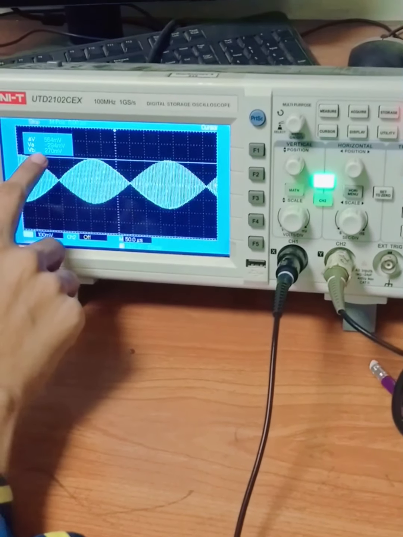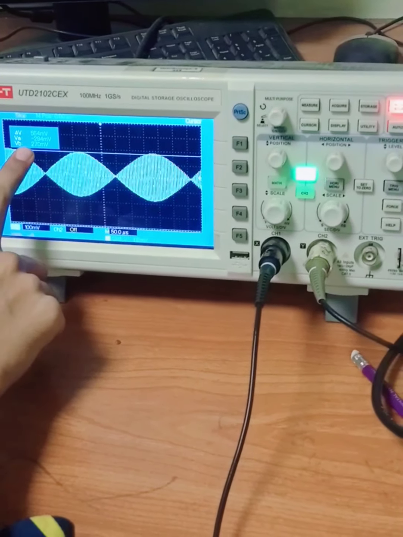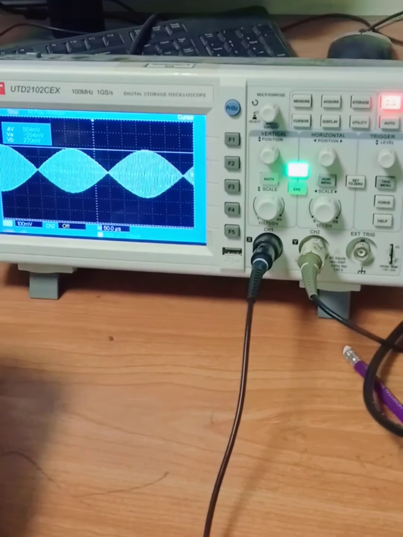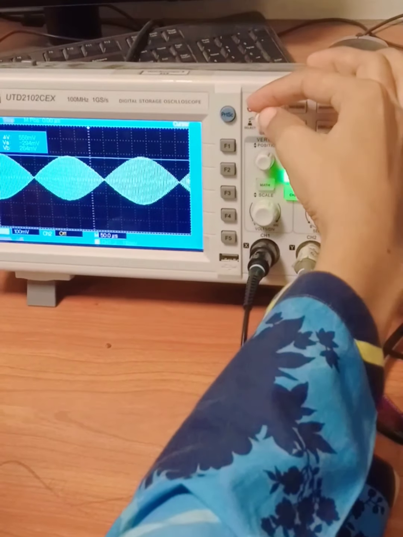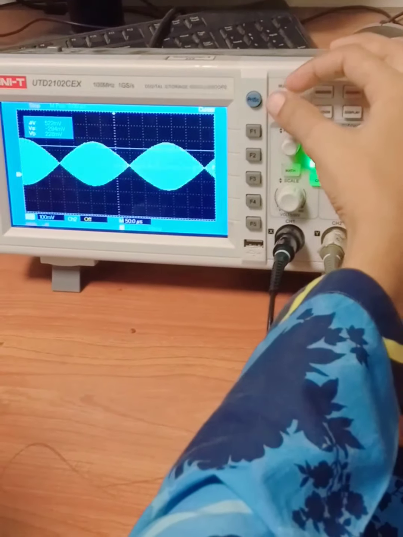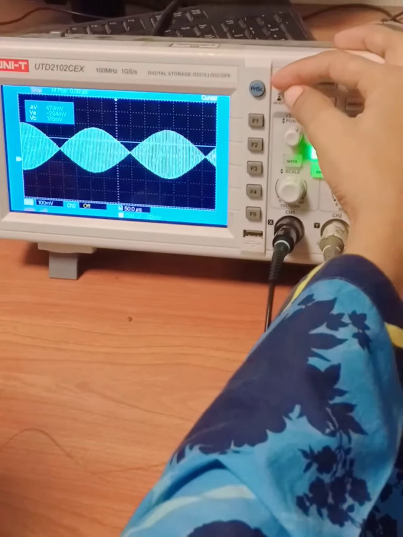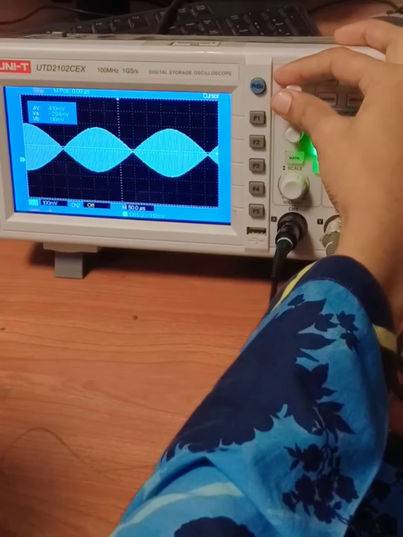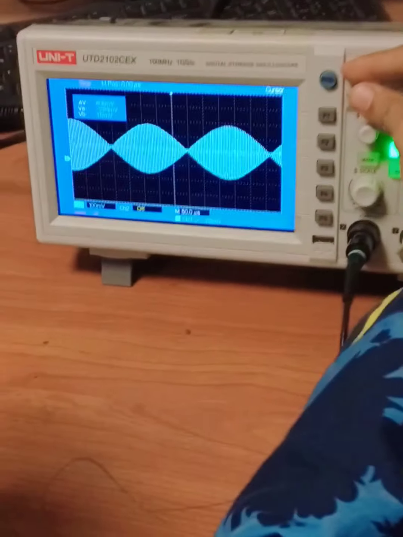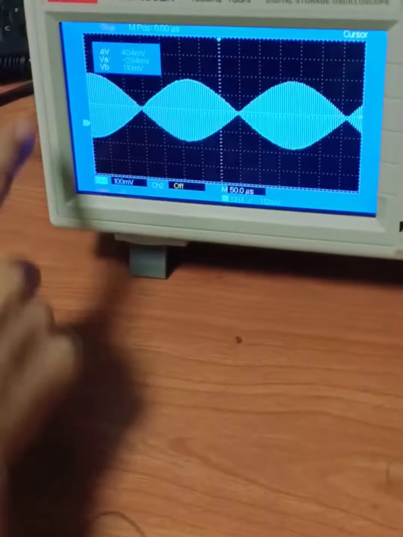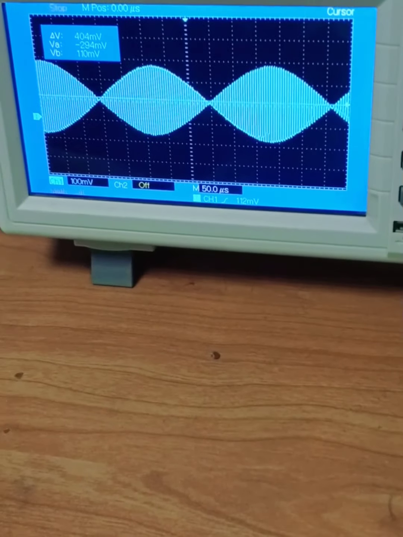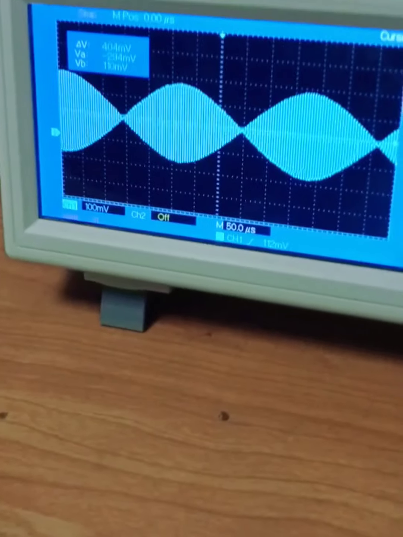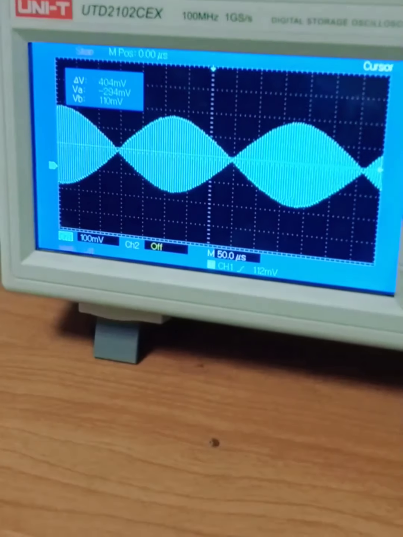So this is our maximum value of the amplitude modulated signal, that is 270 millivolt. To measure the minimum value, we move the same cursor to the minimum. Okay, this is the minimum value at this point. So the minimum value is about 110 millivolts. So this is the minimum value of our AM modulated signal.